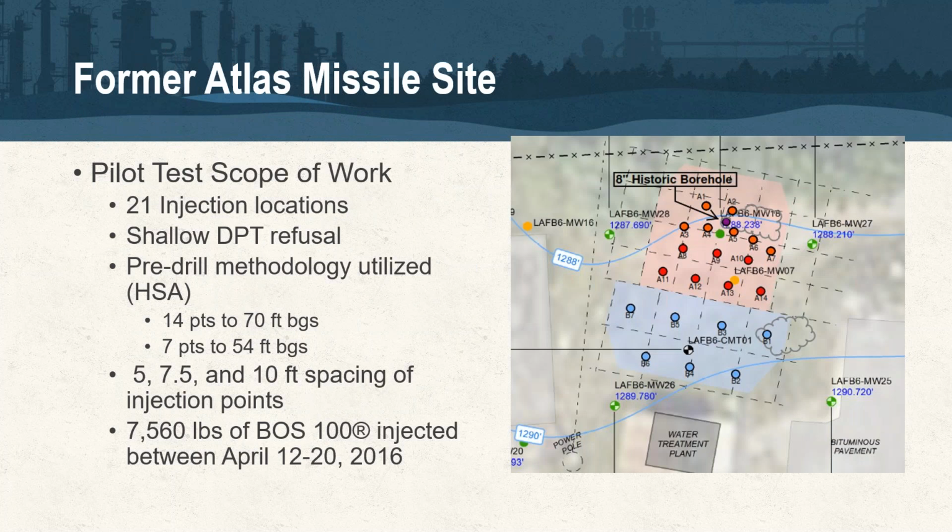So we ultimately went with 21 injection points out on the site, and I already discussed the need to use the pre-drill methodology using hollow stem augers.